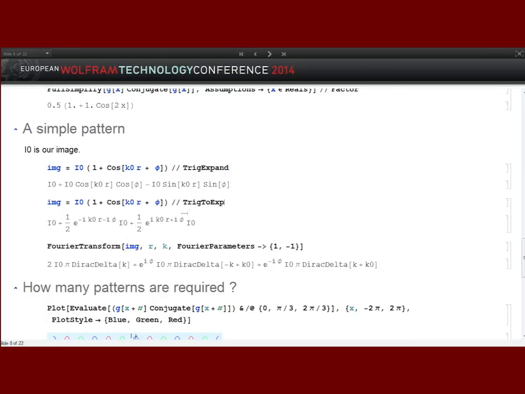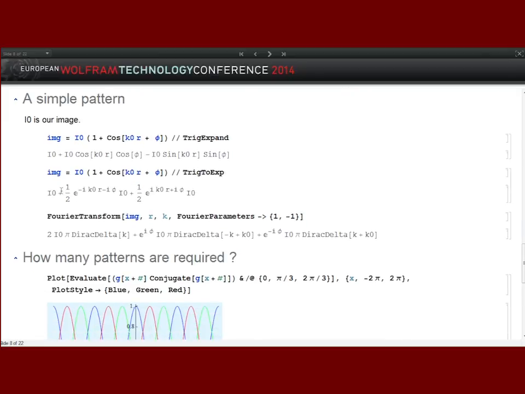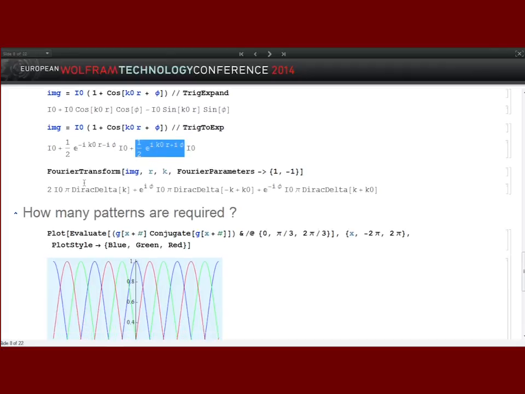And if I now show this in exponential form, with a trig to exp, then we already see that we have different components in the frequency space. And if I perform a Fourier transform of this, then I see here I have a Dirac delta in one position, and two further Dirac delta functions, which are shifted by k0.